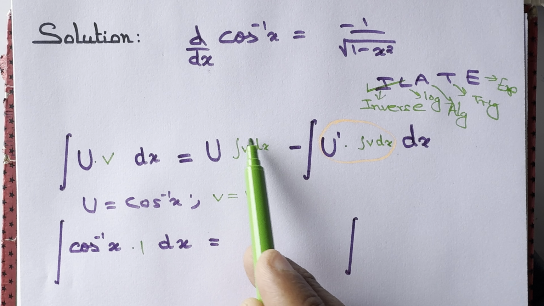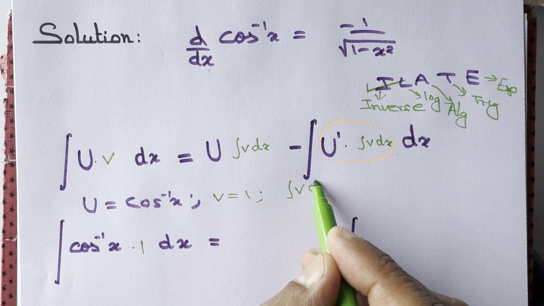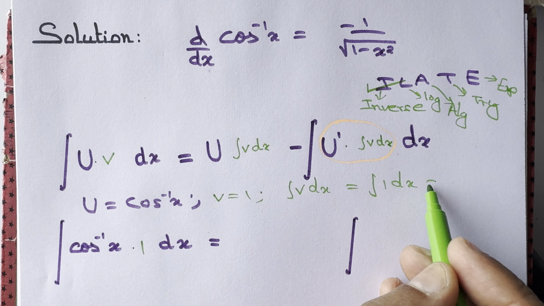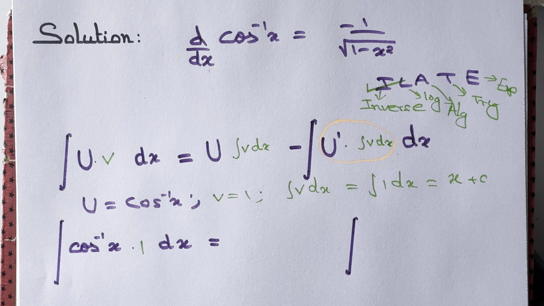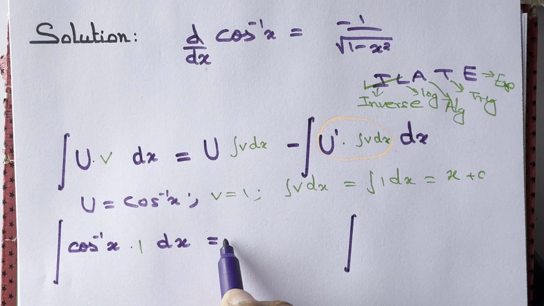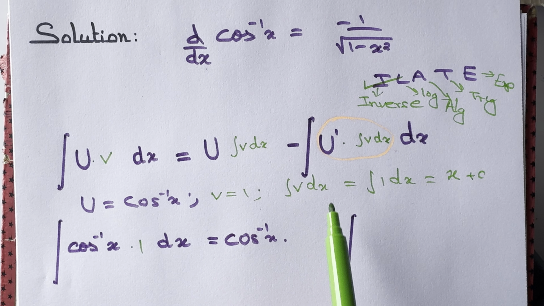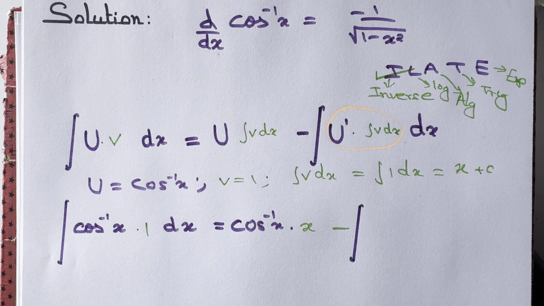And so we need to determine the integral of v dx, which is equal to the integral of 1 dx, which is equal to x plus some constant, but in this case we don't have to write that constant. First function cos inverse of x, times the integral of v dx, which is simply x, minus the integral of the derivative of the first function.